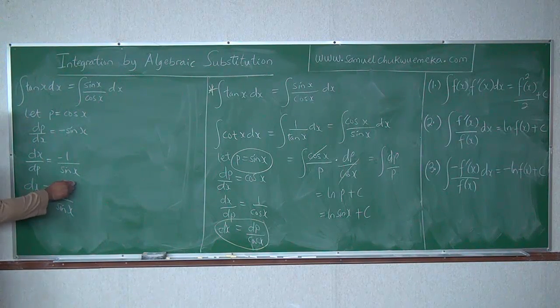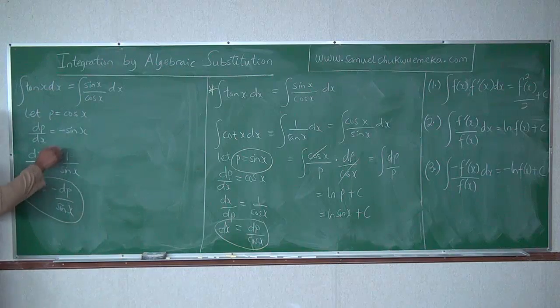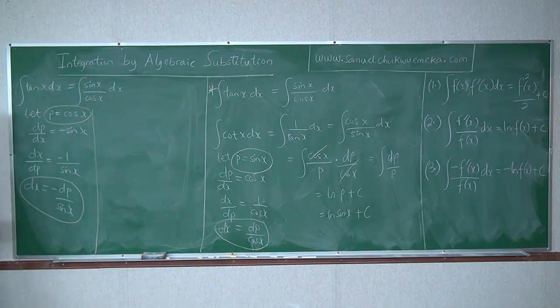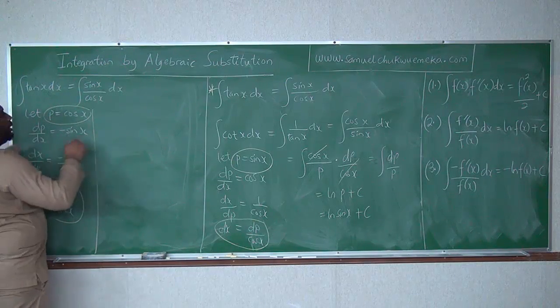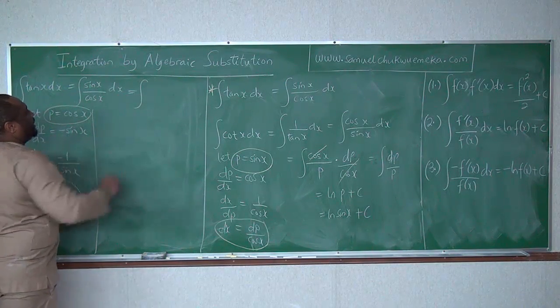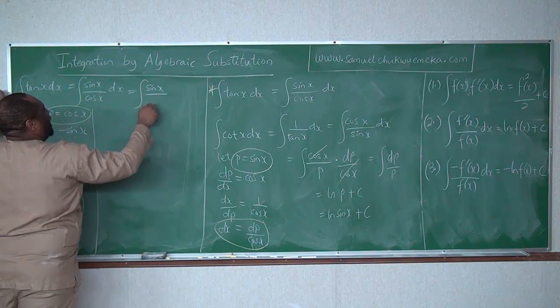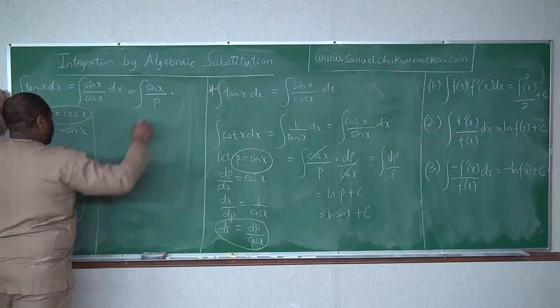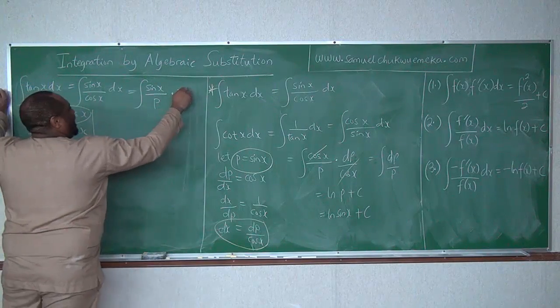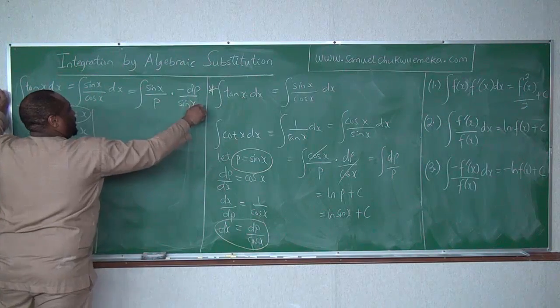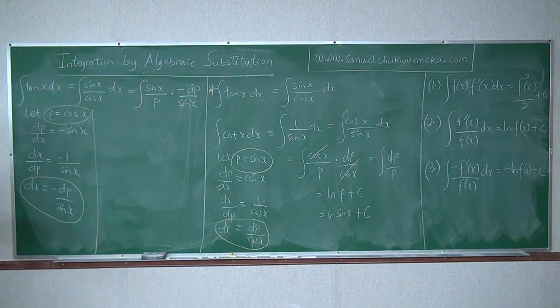This is what I need. So this will give me the integral of sine x over p times negative dp over sine x. See that?